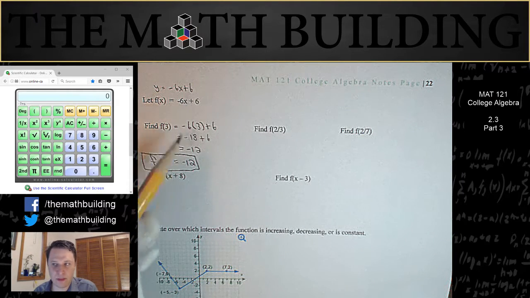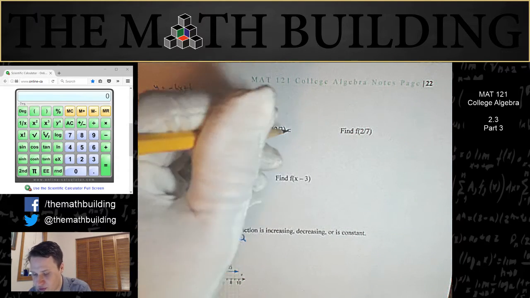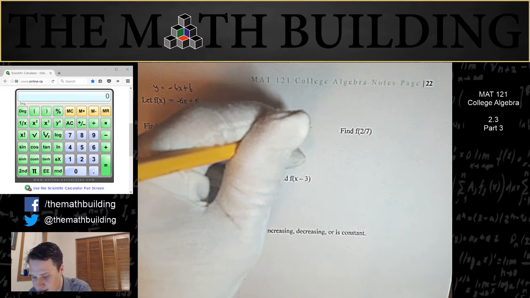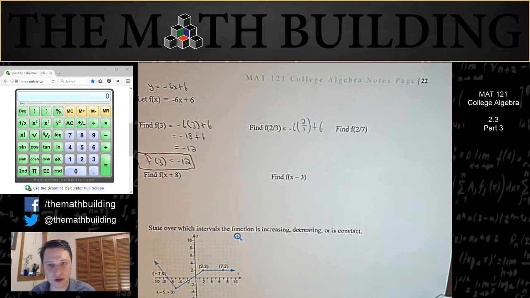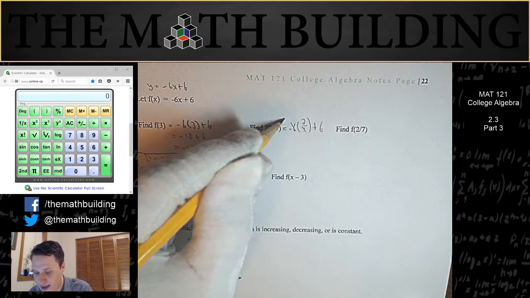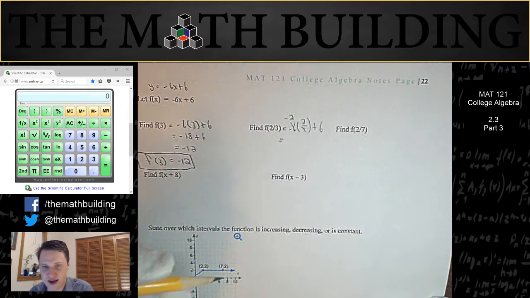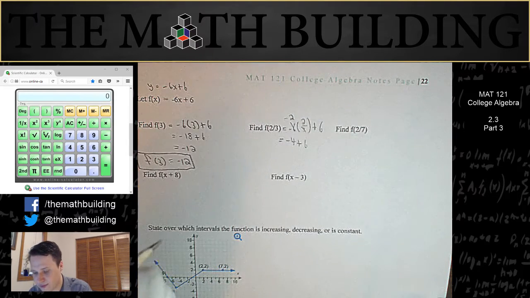So this time we're going to replace x with 2/3. So f of 2/3 would equal negative 6 times 2 divided by 3 plus 6. Just like that. So let's simplify. Negative 6 cancels with 3 and becomes negative 2. So I have negative 2 times 2, which is negative 4, plus 6.